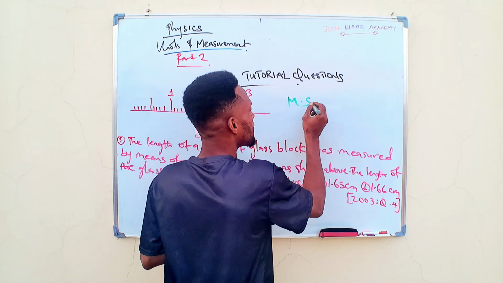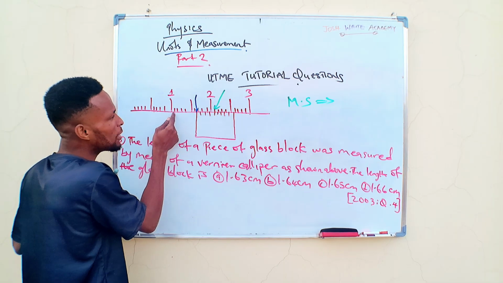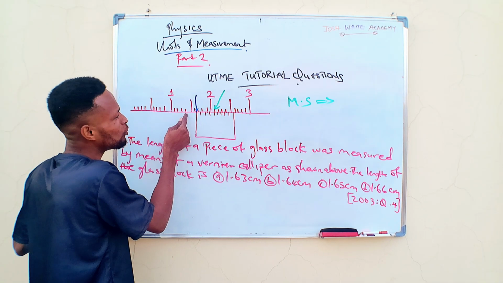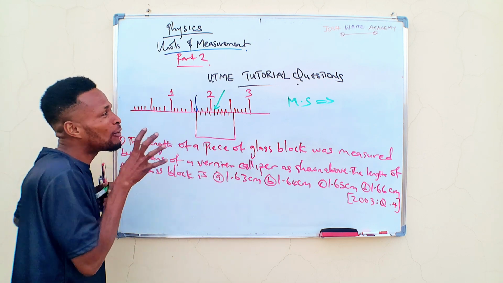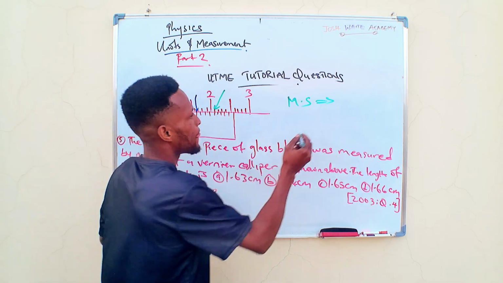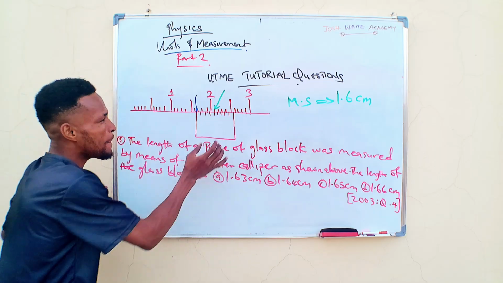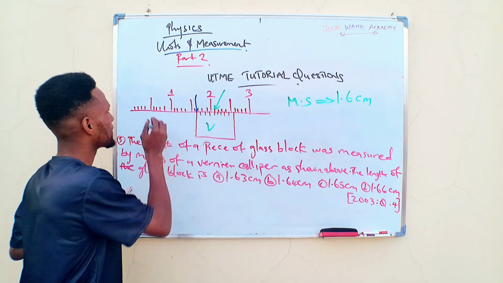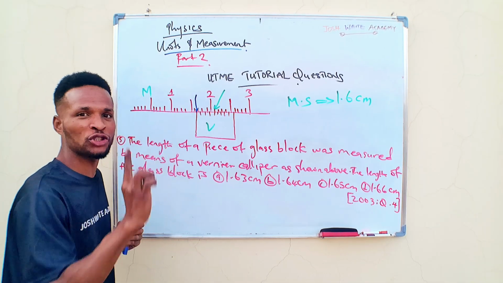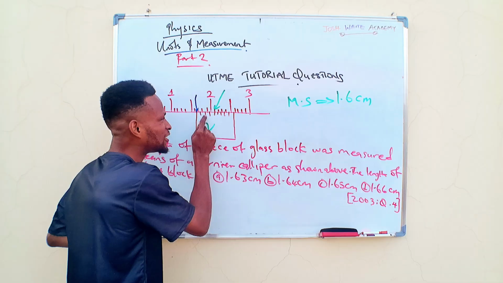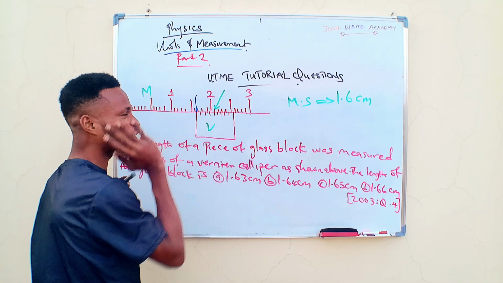So our main scale reading, so this is 0.5, this is 1, it is 1.1, 1.2, 1.3, 1.4, 1.5, 1.6, then our Vernier scale intercepted. So that means our main scale reading is what? 1.6 centimeter. Then next is our Vernier scale reading. Now let's count in 0.01 to the point of coincidence. 0.01, 0.02, 0.03, now 0.04 centimeter, there was a coincidence.